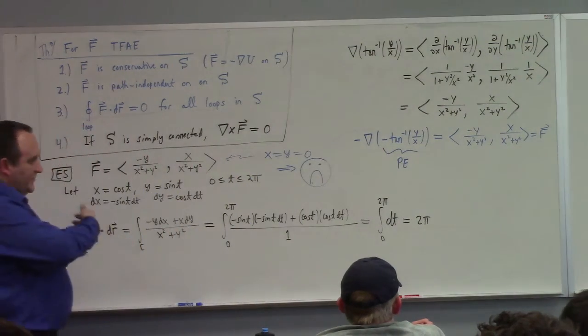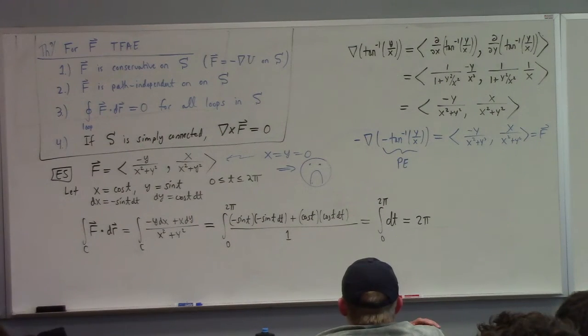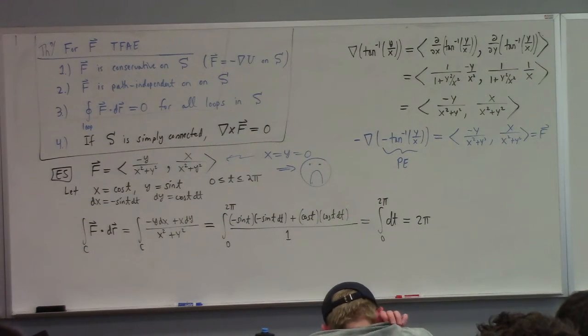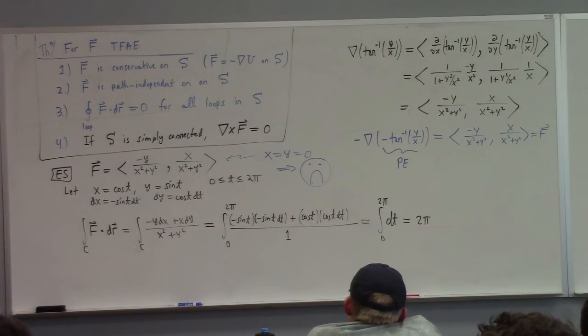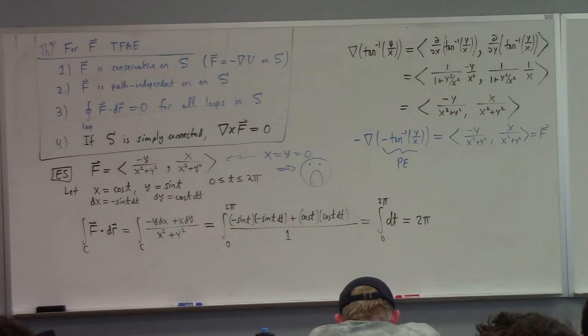It blows up there, right? So technically speaking, this vector field's only defined on what's called the punctured plane. You're missing the origin, right? So yeah, I can find that potential energy function, but where is inverse tangent defined? Where does it have trouble?